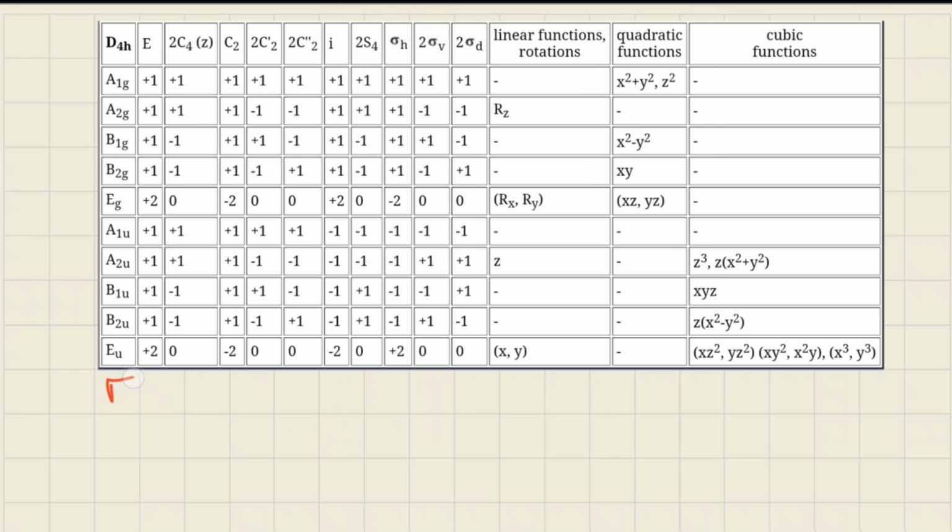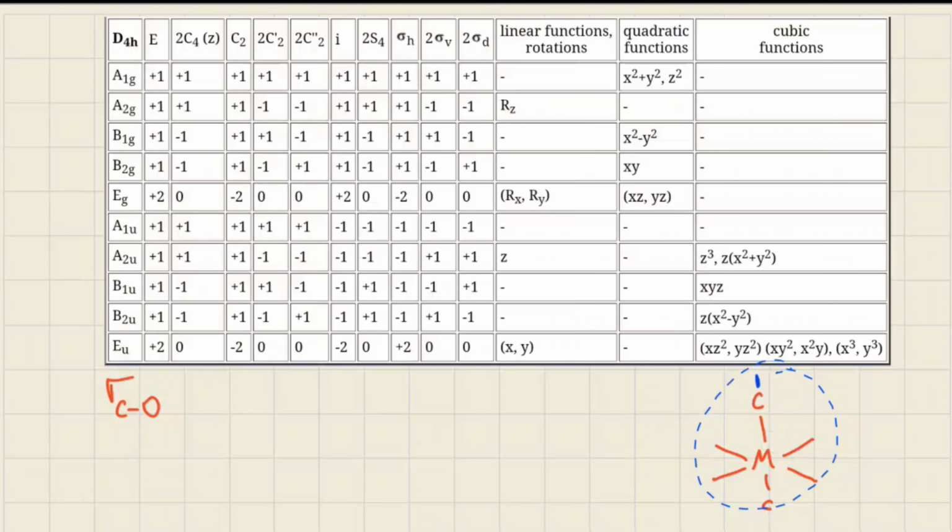So I want to draw the molecule here. Maybe I should show the bonds in blue, since we are making the representations for the CO bonds.